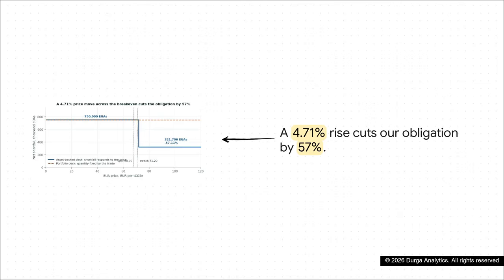But for the compliance desk, the physical plant immediately switches from burning coal to burning gas. Our compliance desk sees its carbon obligation completely collapse, halving from 750,000 EUAs down to just 321,706 EUAs. A tiny 4.71% price move just destroyed 57% of our volume.